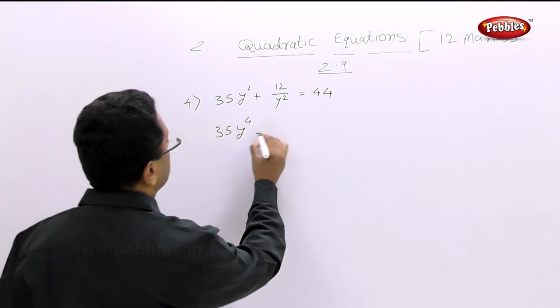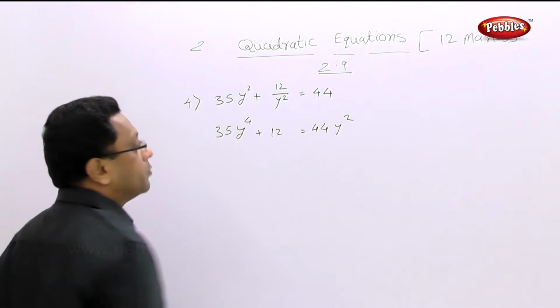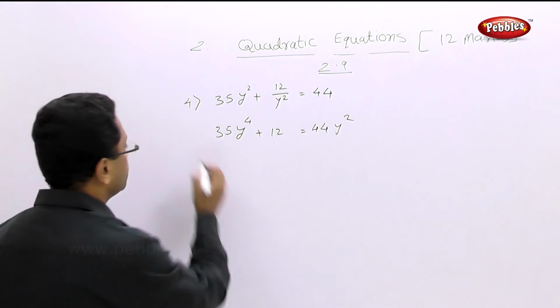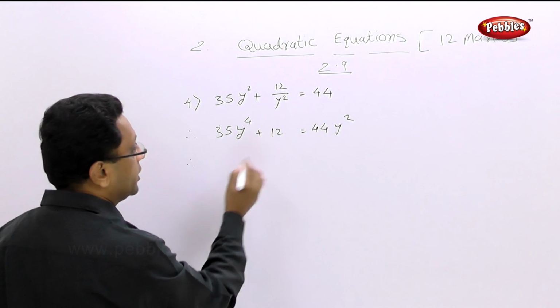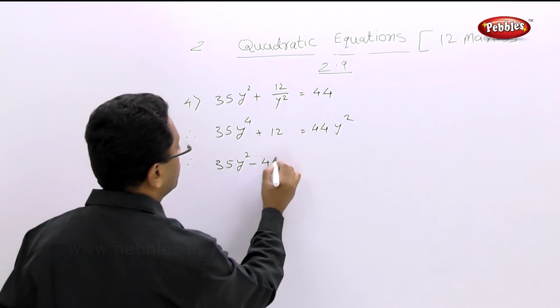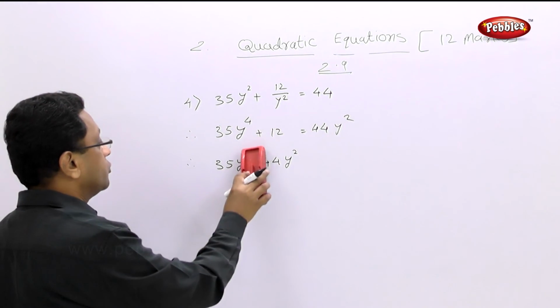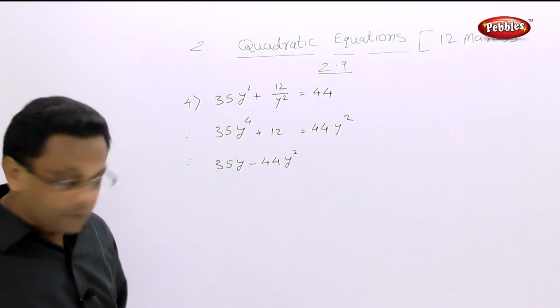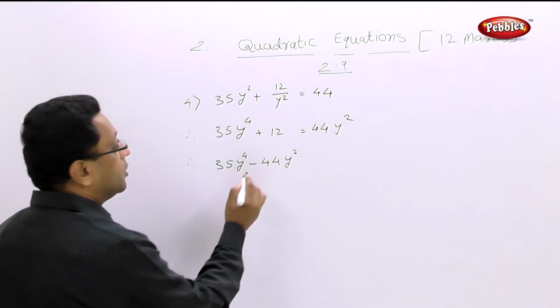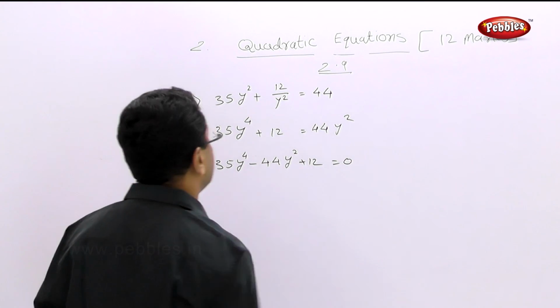So here I will get 35 y raised to 4 plus 12 is equal to 44 y square because I am multiplying to both the sides. So now I will get 35 y raised to 4 minus 44 y square plus 12 equal to 0.